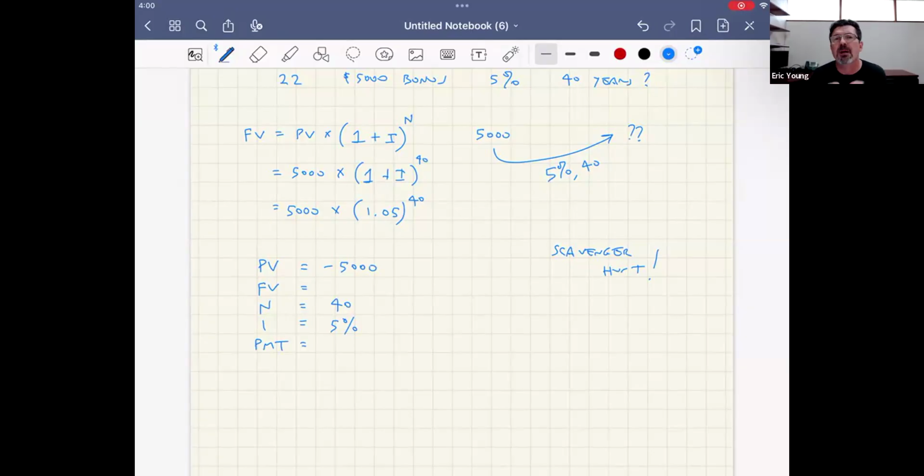We put a lump sum in at the beginning, so PMT is going to be 0. There would only be a PMT entry if we put money in over time in a series of equal cash flows. These are the 4 that we're given, and we're solving for the future value. It's a scavenger hunt. So let's now go to a financial calculator.